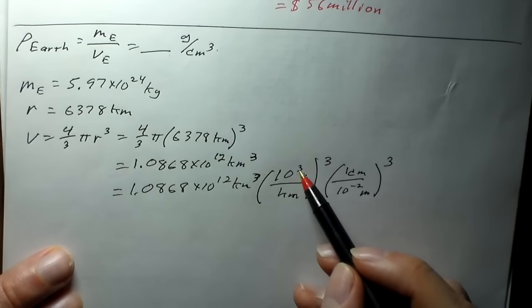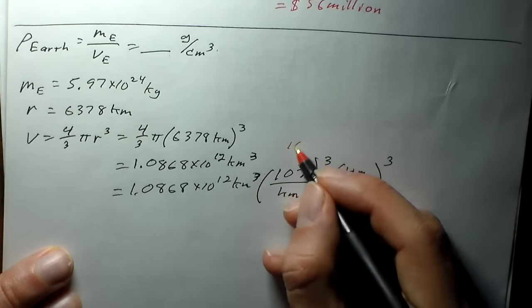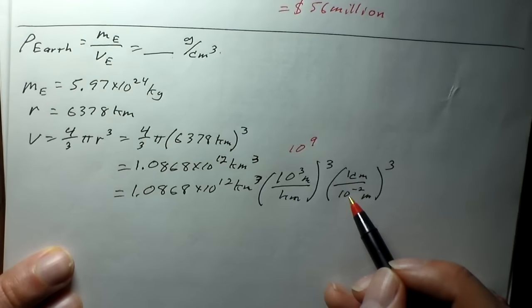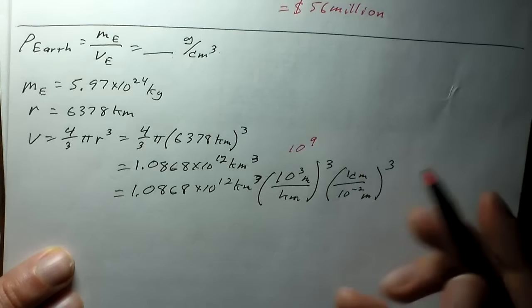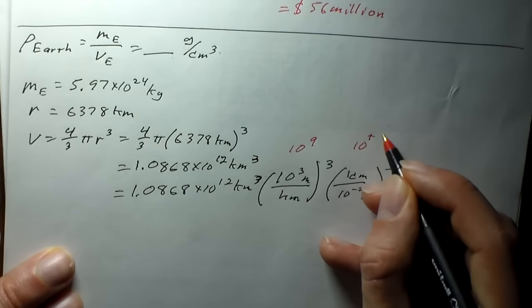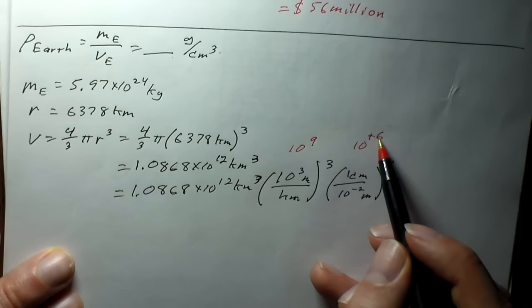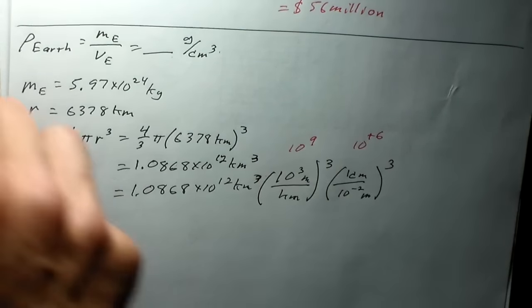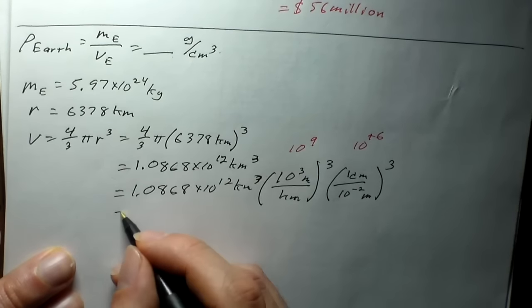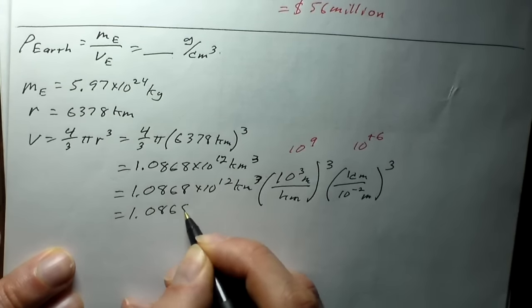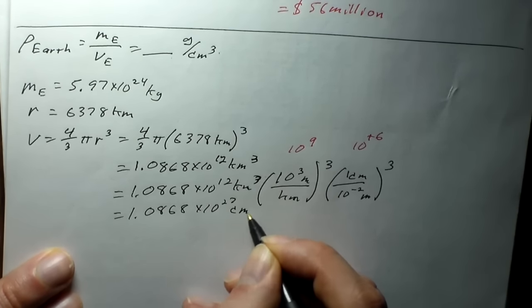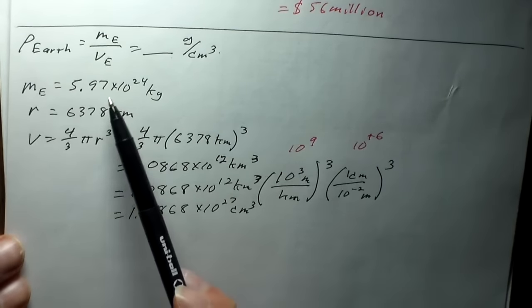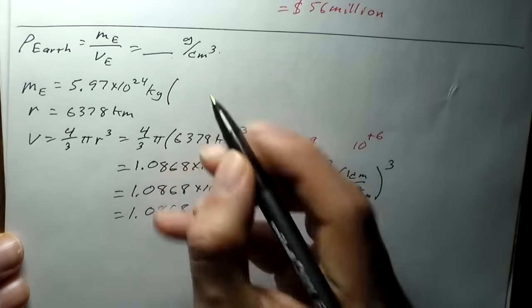Just to remind ourselves, that's 3 times 3, so that's basically a 10 to the 9 over here. And then that's 10 to the minus 2 cubed, so that's 10 to the minus 6. 1 over that, so that's going to be 10 to the plus 6. So 9 and 6, that's going to be 15, plus 12, that's going to give us 27. Okay, so that's going to be 1.0868 times 10 to the 27th cubic centimeters.